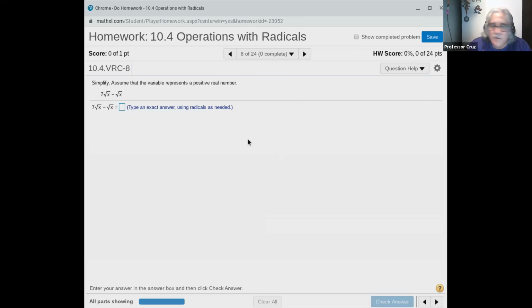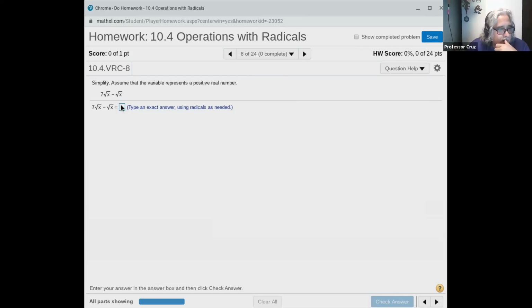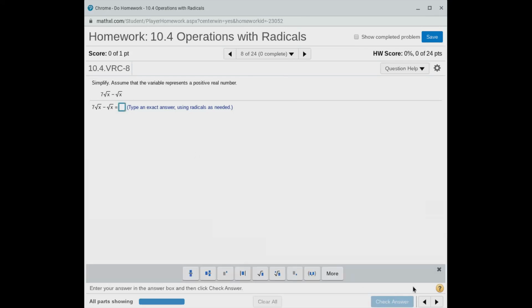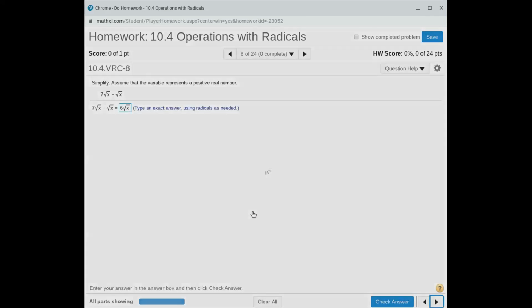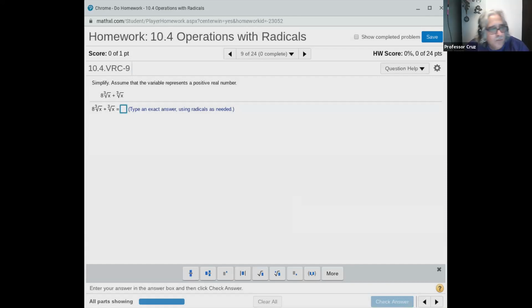What about this one? 6 the square root of 7 take away 1 x. 8 square roots of 3 and 3 square roots of 3.